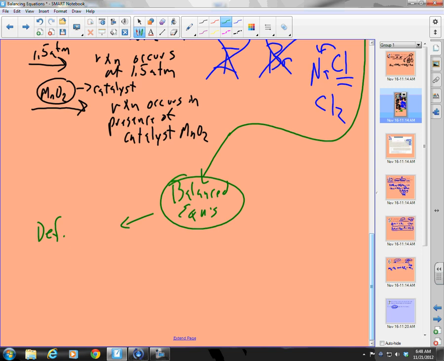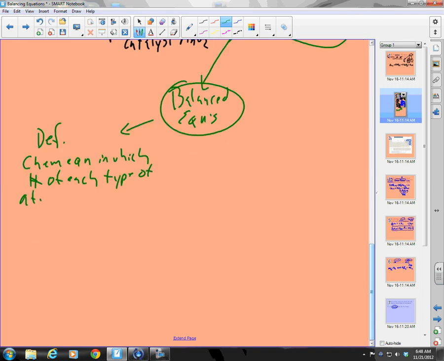I would say that this is an equation in which the number of each type of atom in the reactants equals the number of each type of atom in the products.